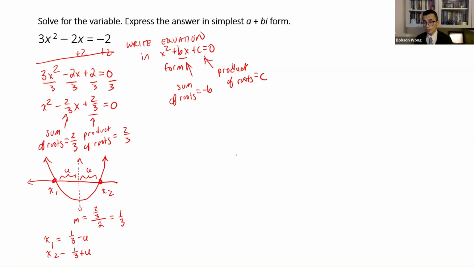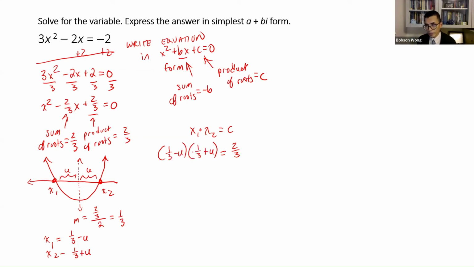Now we're going to use the product of the roots. Remember, the product of the roots, x sub 1 times x sub 2, is equal to c. We said before that the product of the roots was 2/3. X sub 1 is 1/3 minus u, and x sub 2 is 1/3 plus u.